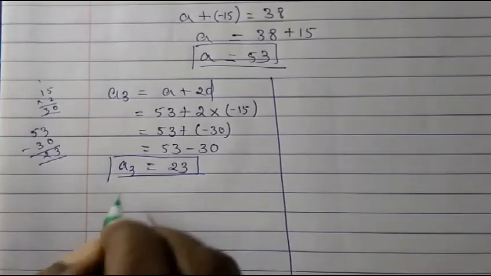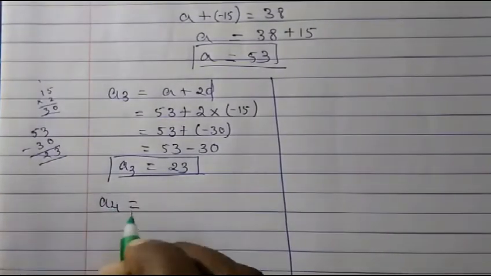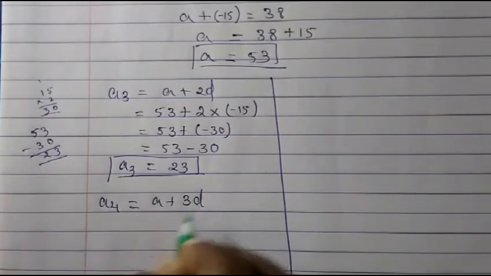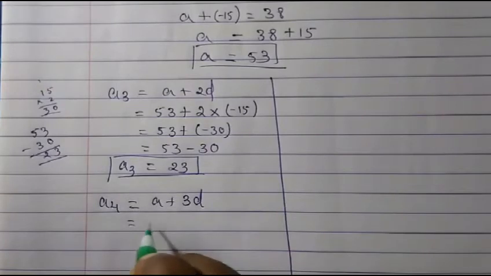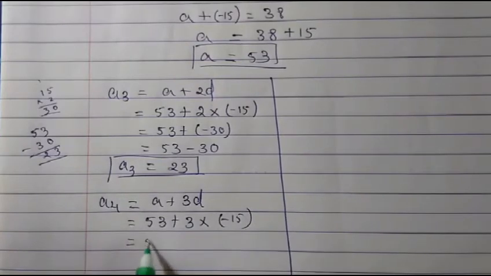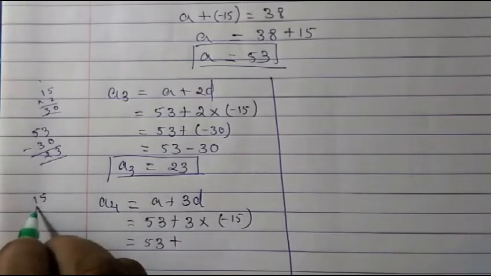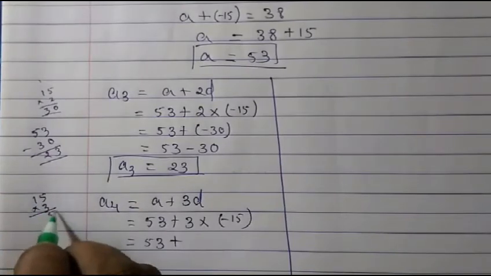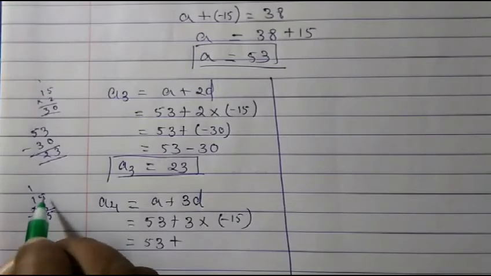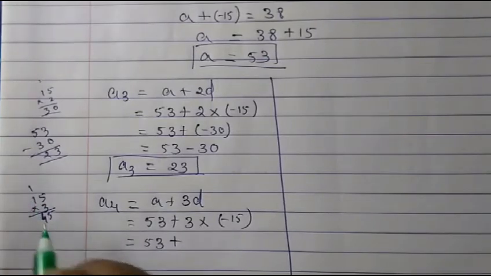Now A4. A4 is equal to A plus 3D. So A we know is 53. 3 into D is minus 15. So 53 plus minus 15 multiplied 3 times, that is 45.